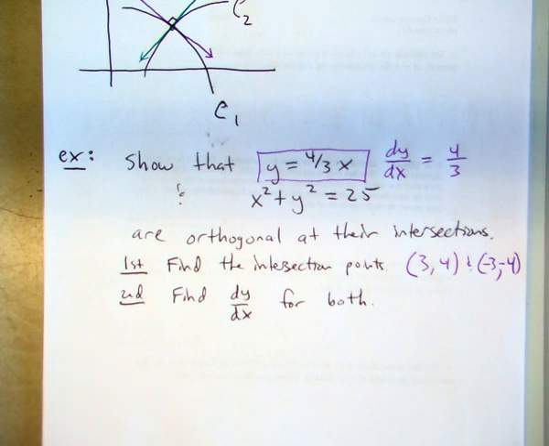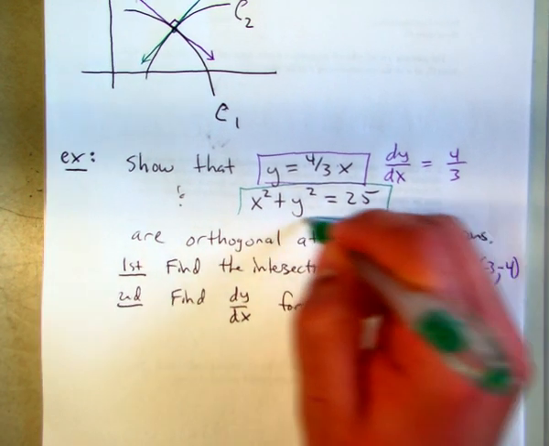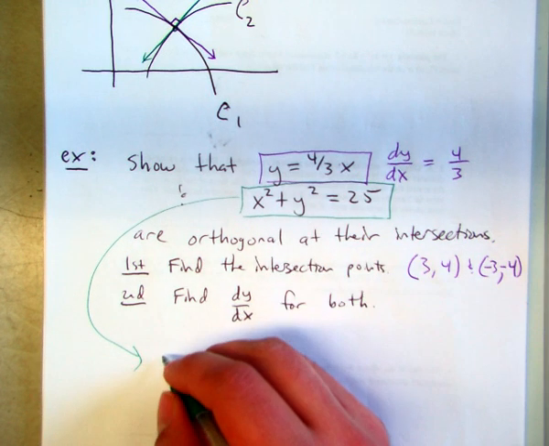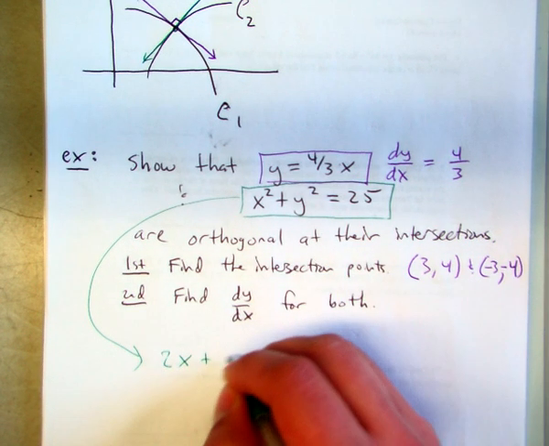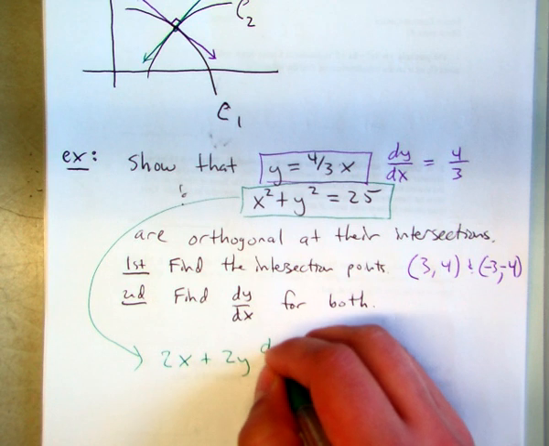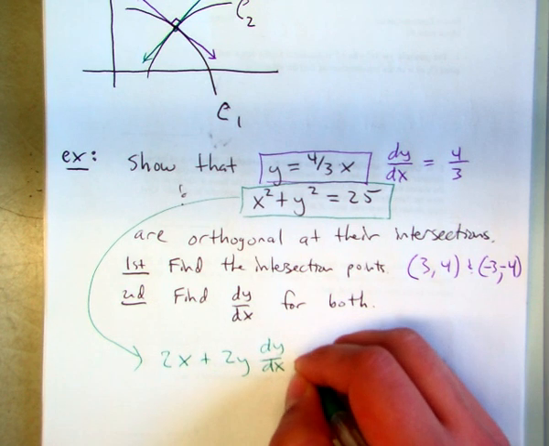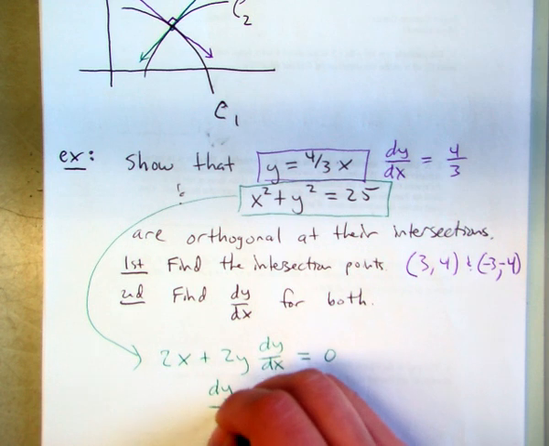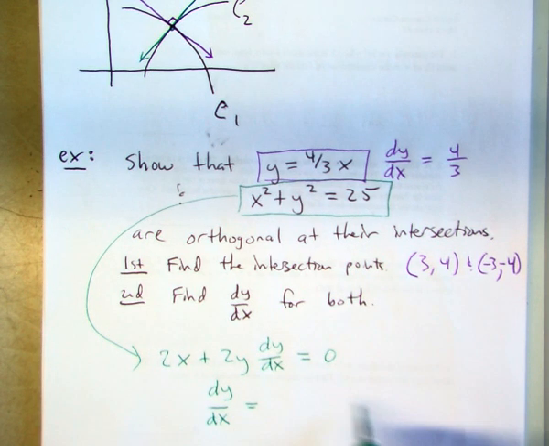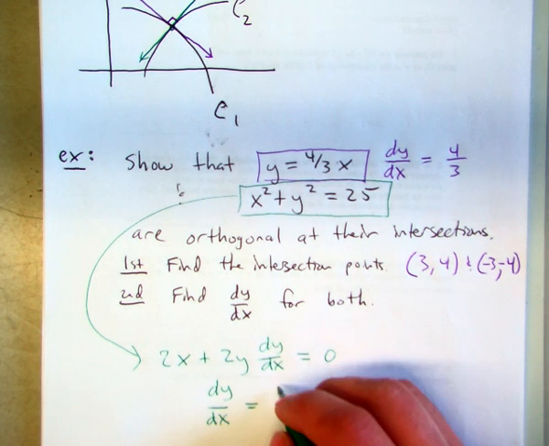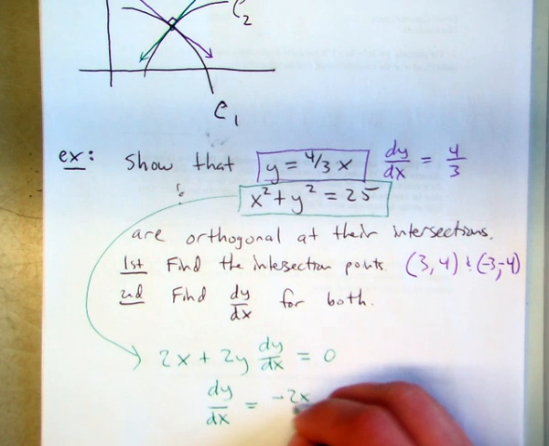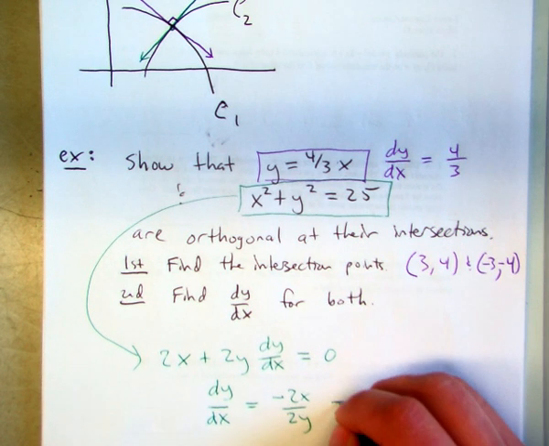For the second function, dy/dx we'll have to find implicitly. So we get 2x plus 2y times dy/dx, which equals 0. Solve for dy/dx. You get minus 2x divided by 2y, or just minus x over y.